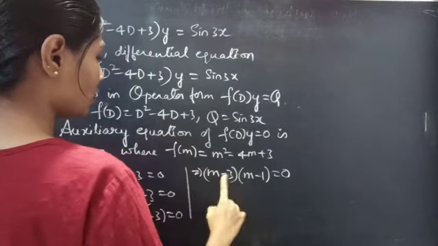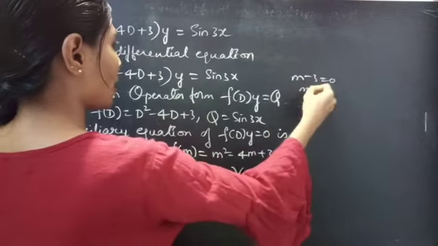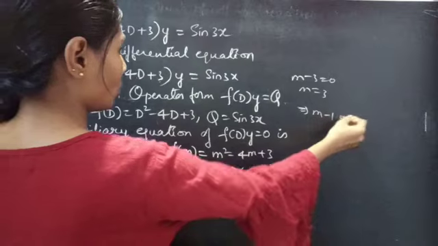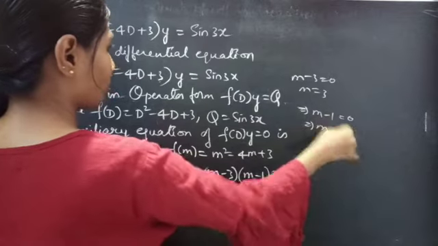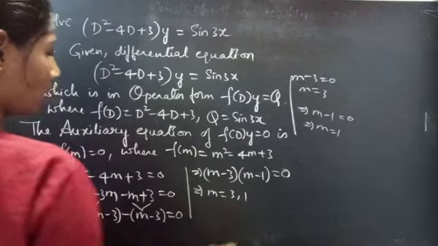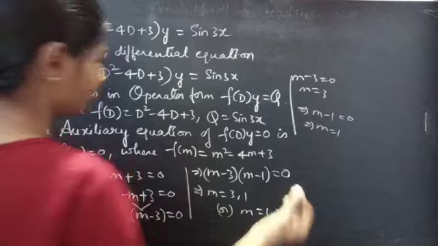Now equate each factor to 0. If you equate m minus 3 to 0, you get m equals to 3. And if you equate m minus 1 to 0, you get m equals to 1. Finally, you'll get m equals to 3 and 1, or m equals to 1, 3.